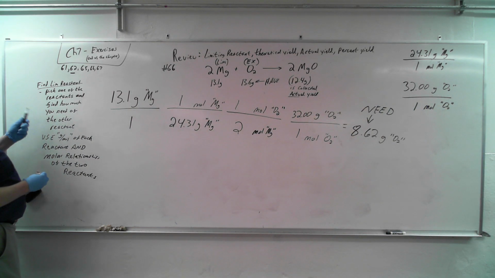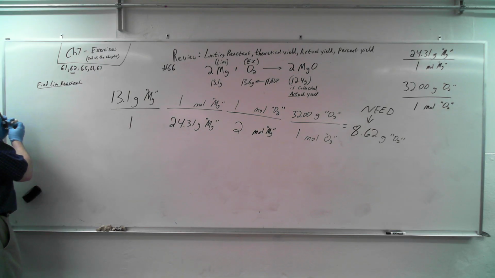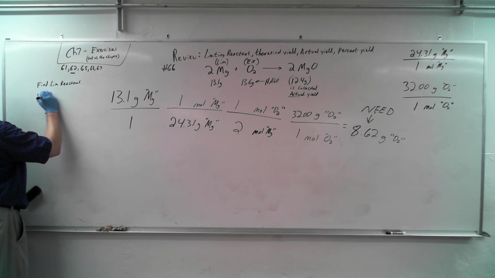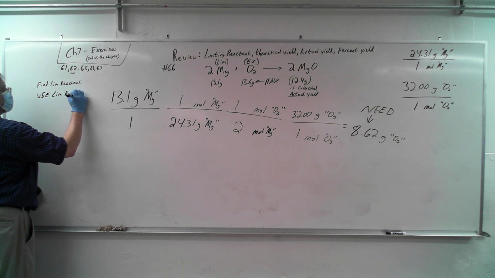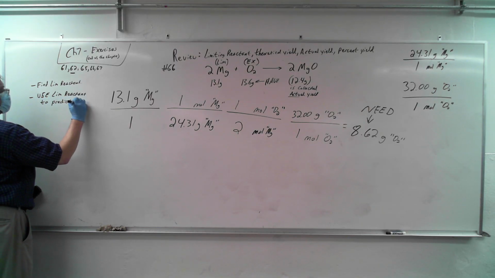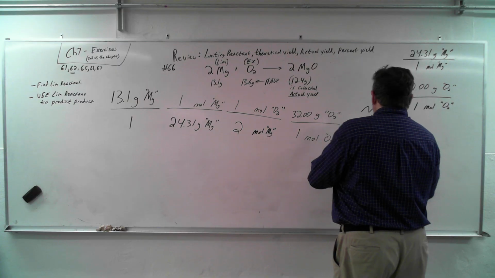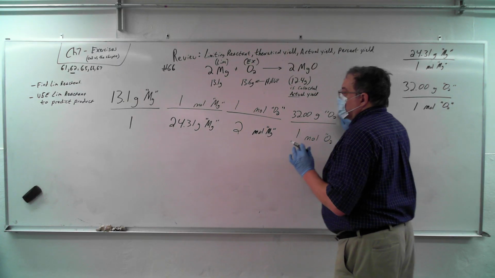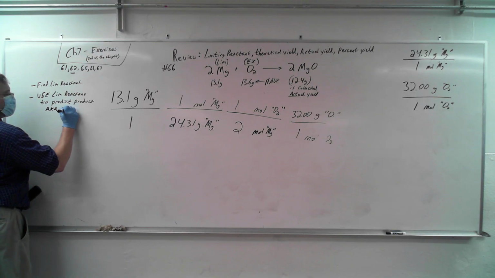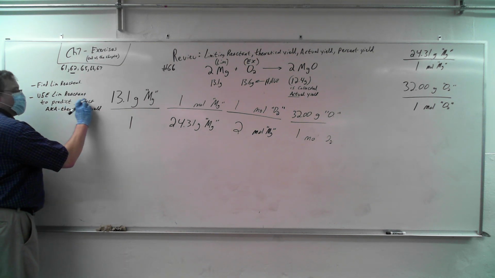Okay, from here, to find a limiting reactant, the next step, now we're going to use that limiting reactant we've discovered to calculate the product, AKA predict the amount of product.